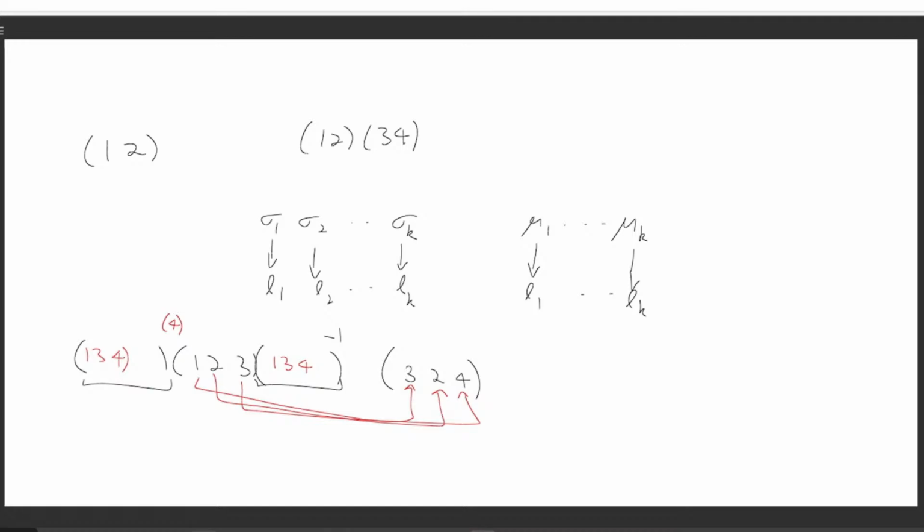This is my conjugating element, say sigma. Then sigma of 1 is 3, sigma of 2 is 2, sigma of 3 is 4. And sigma of 4: the fixed point here, which is not written but is there, is 1. So sigma of 4 is 1.